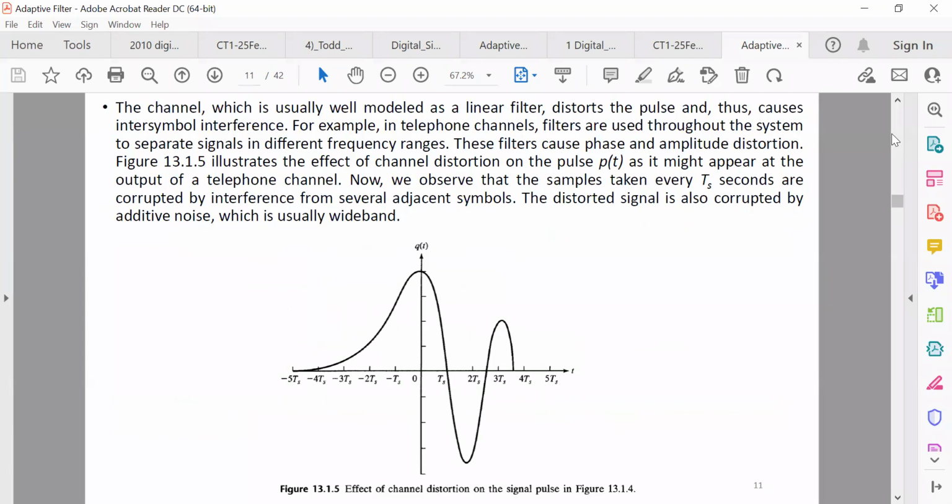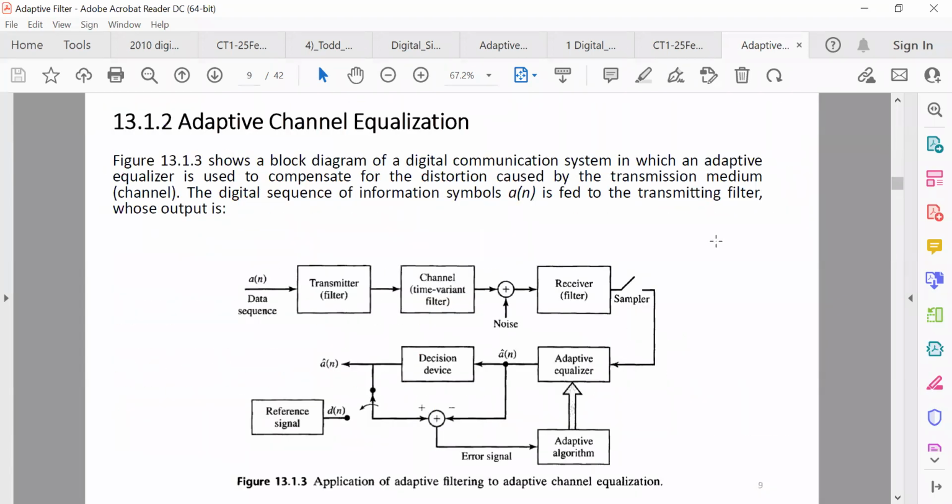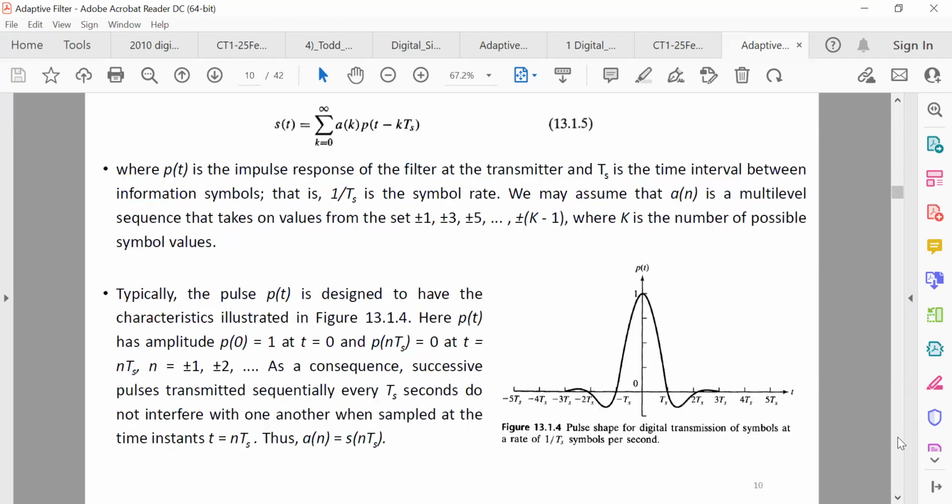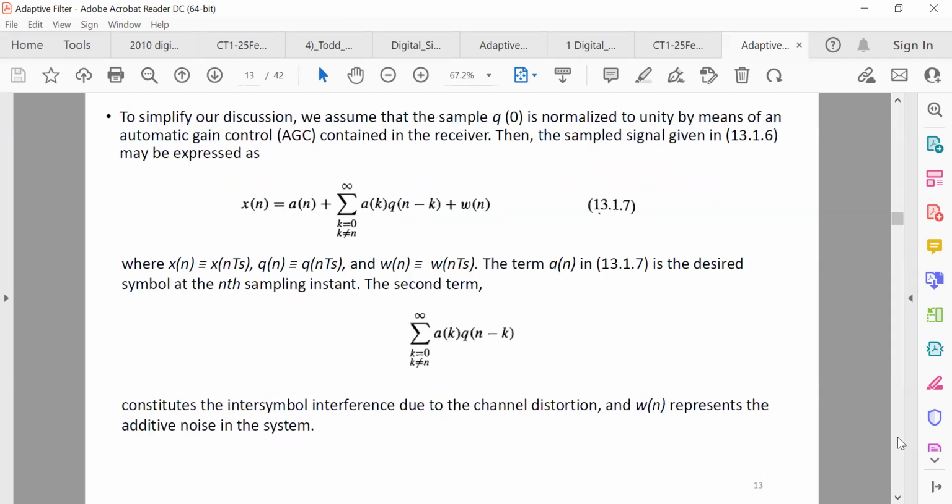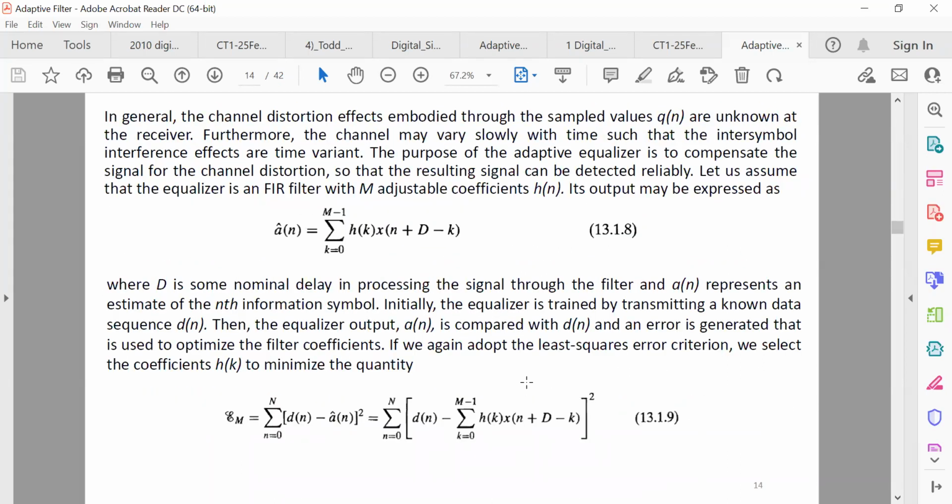Here the error signal has to be minimum. So to minimize the error signal, we have to reach that condition. The minimum error should be the expectation of (d_n minus a-caret_n) whole squared.